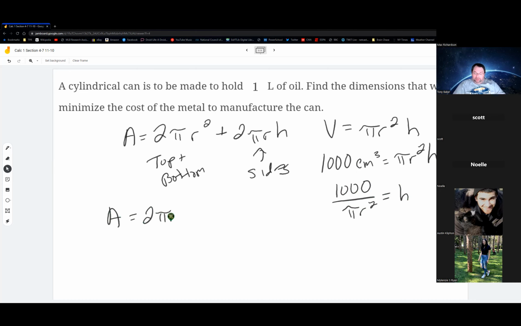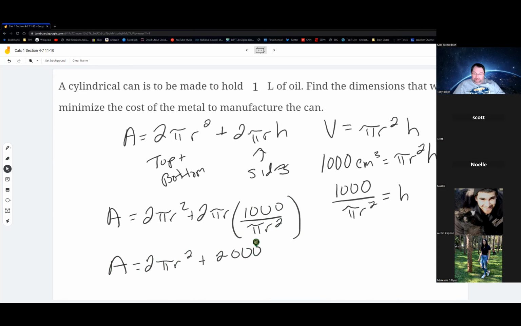So 2 pi r squared plus 2 pi r times 1,000 divided by pi r squared. So I can now reduce this to 2 pi r squared plus 2,000 divided by r squared.